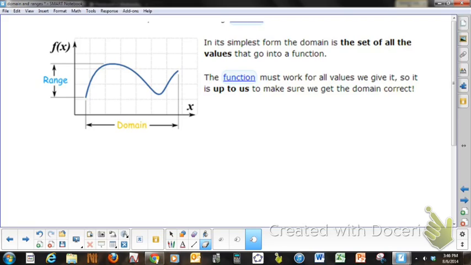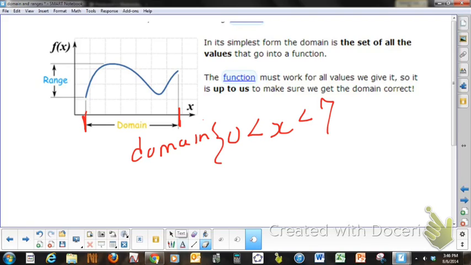When it has a restriction, we say that the domain is restricted between here and here, so its x values are going to be greater than 0 but less than 7, because it's going from a little bit less than 1 to 7.